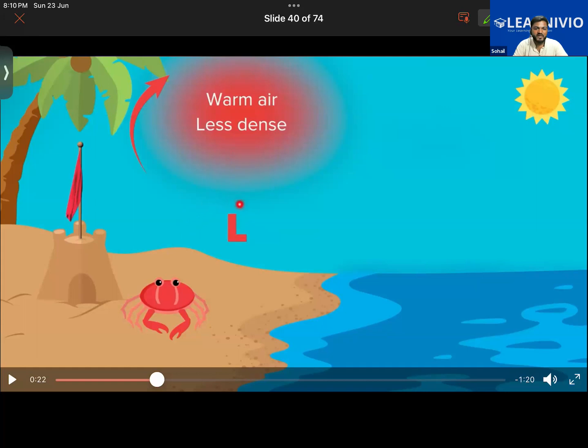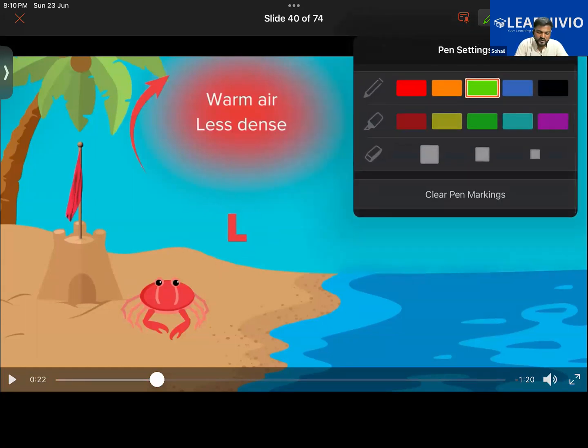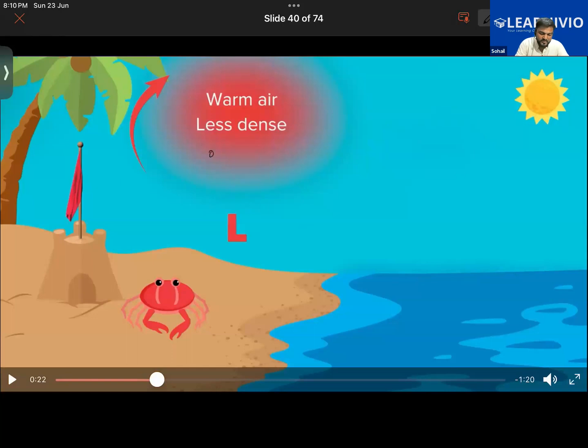It creates an emptiness over here. The air molecules have risen up, and there are only a few air molecules over here. Remember, less molecules of air means less pressure, low pressure. So it will lead to low pressure above the land.